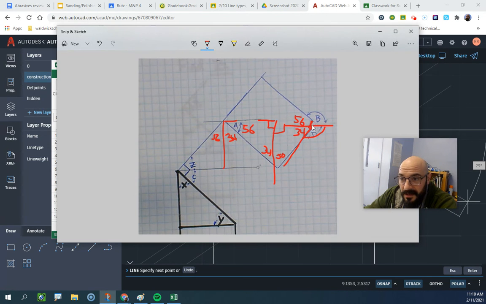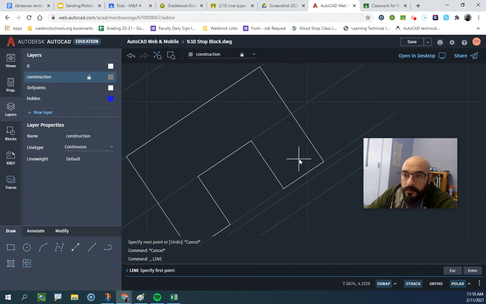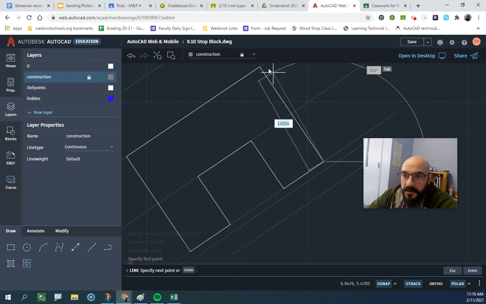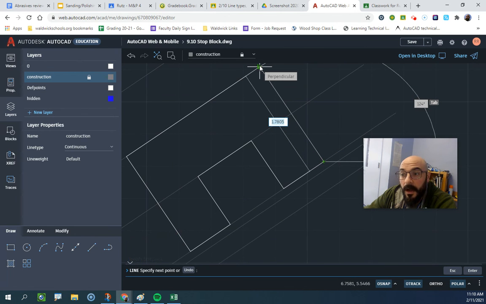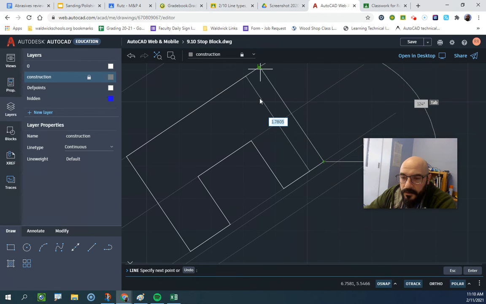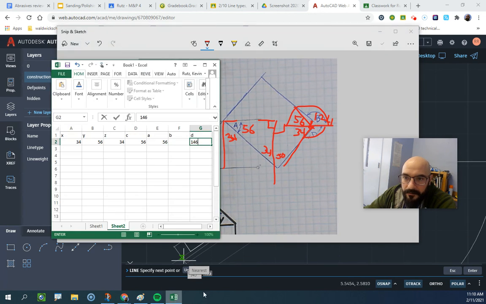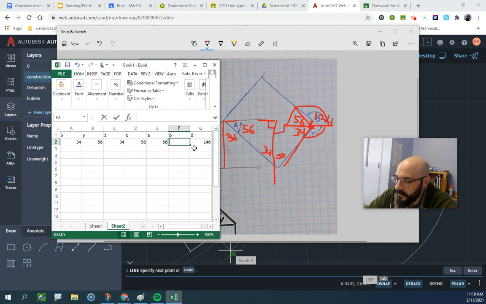So then B has to be 180 minus 56. Let's check to see what the value is. So I draw this, and here I set it up. Oh, 124. And you can see that right there, 124. So now this is 124, which if you add them together, equal 180.